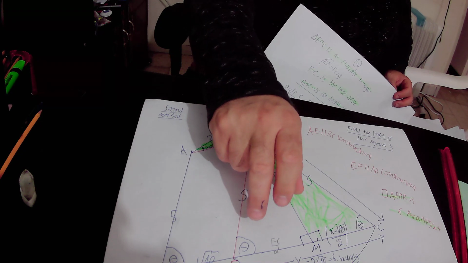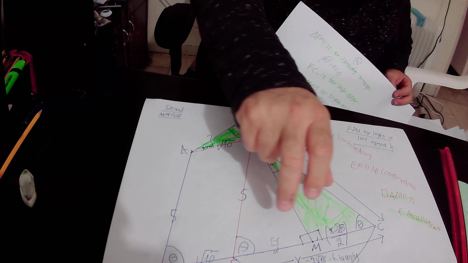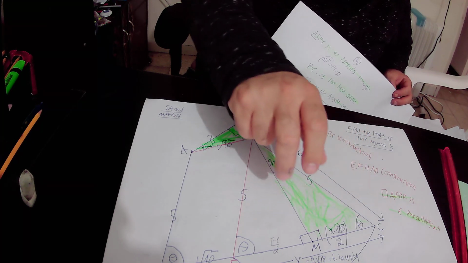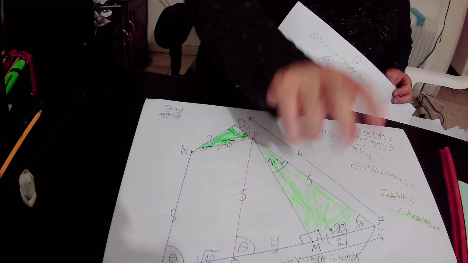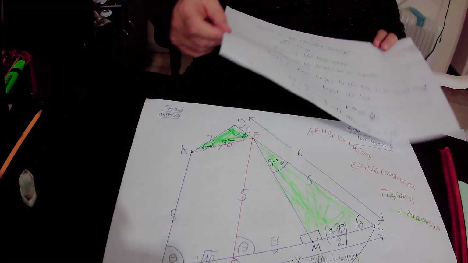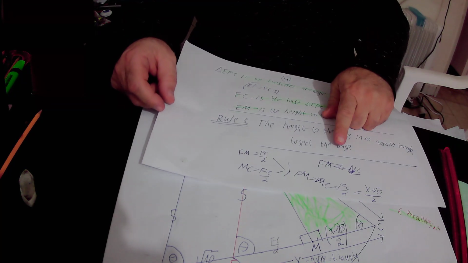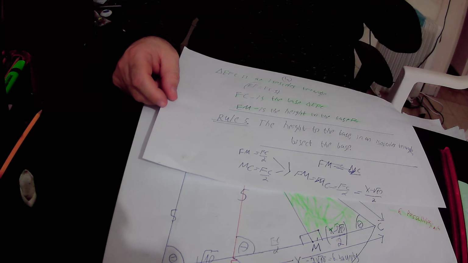The first part is FM, the second part is MC, and according to rule number 5, FM equals MC.